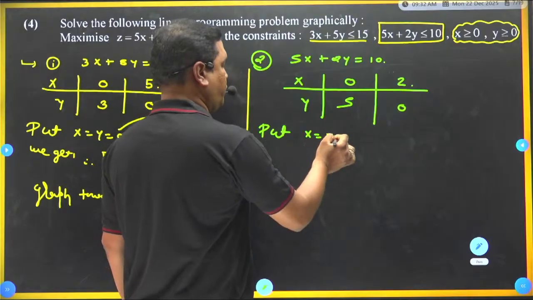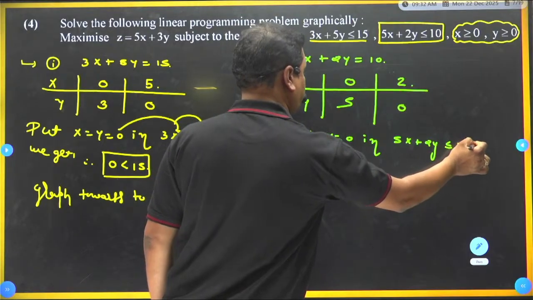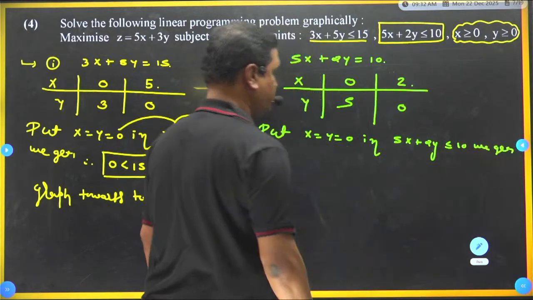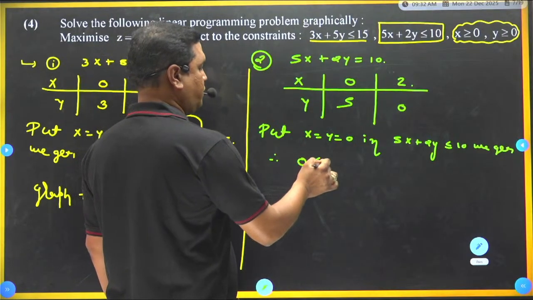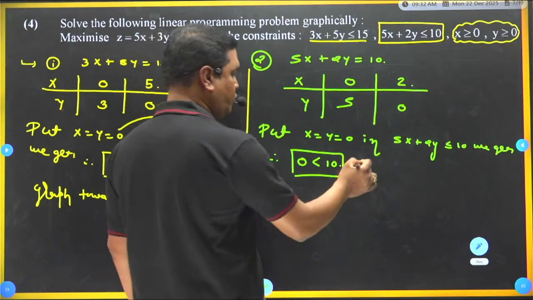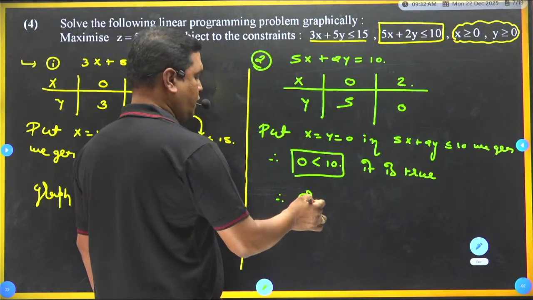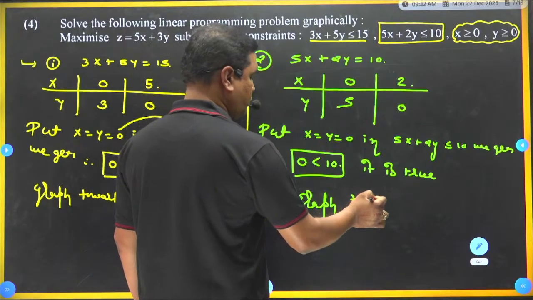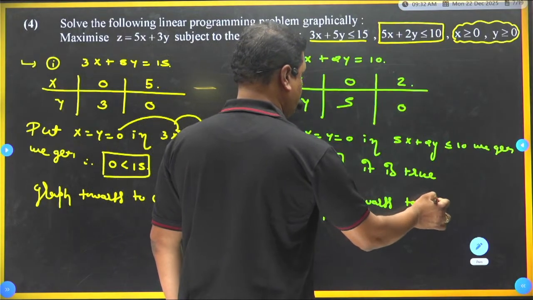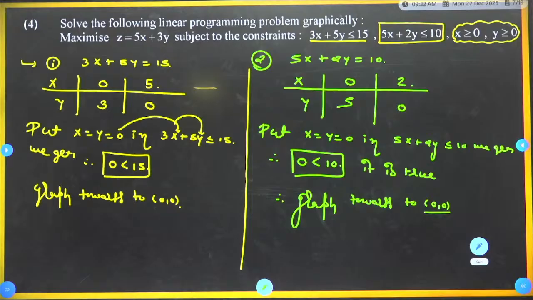Put x equal to 0, y equal to 0 in 5x plus 2y less than or equal to 10. We get 0 less than 10. It is true. Graph towards the origin.